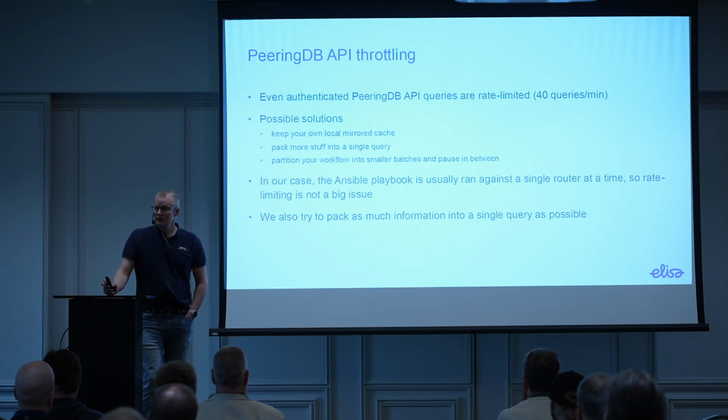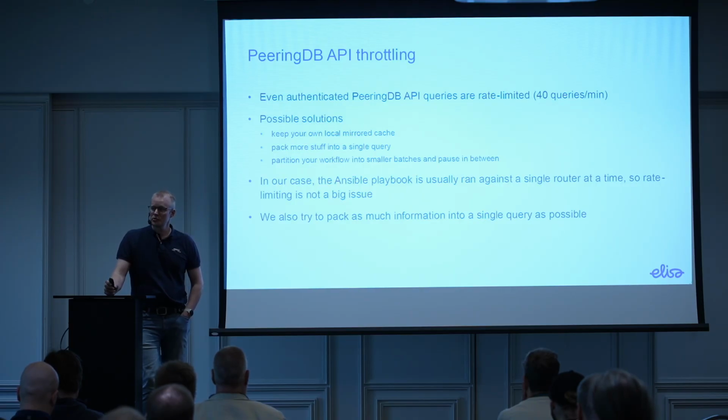But generally, to circumvent this rate limit issue, there are a couple of viable solutions. I think the best solution, at least if this is done in volumes, is to have a local mirrored cache.